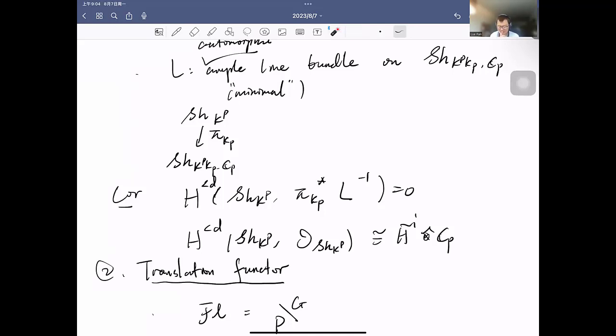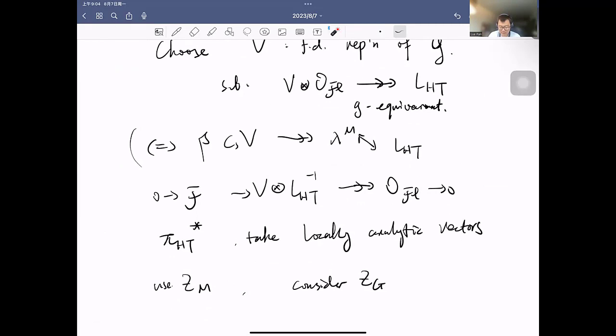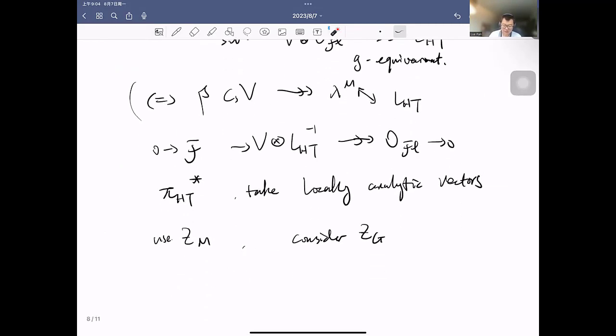Can you explain again? I think you mentioned at the end, with the splitting, that it's not as vector bundles. Yes. Let me give one quick example.